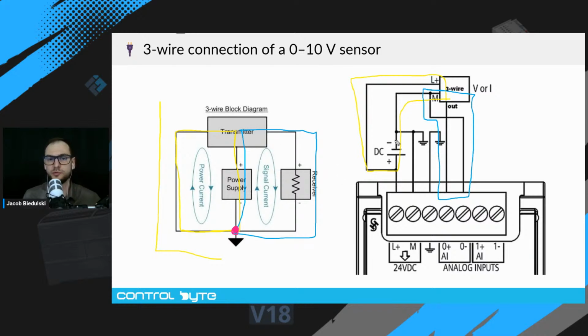So if you power your analog module, you have to consider using a separate SMPS 24 volts power supply. Otherwise, you can see some disturbances on the signal side.